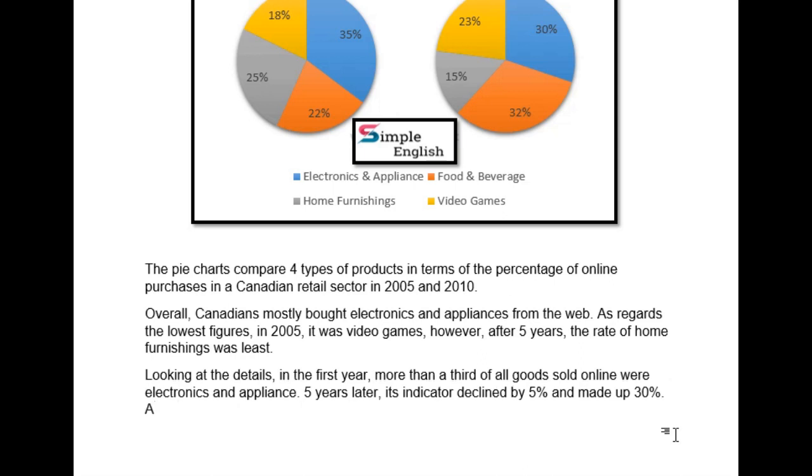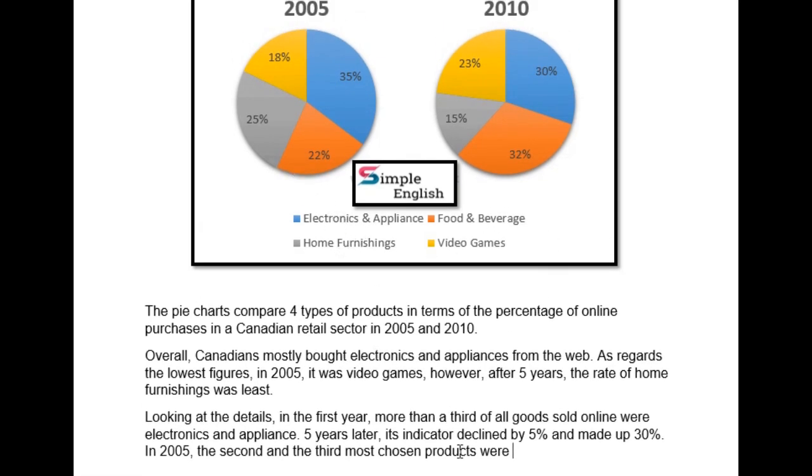So let's say in the following, in 2005, the second and the third most chosen products were home furnishings and food and beverage, right?